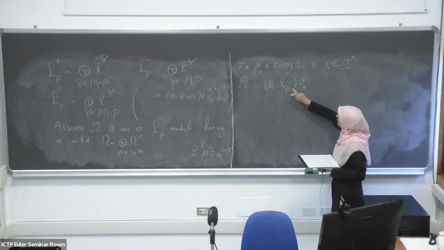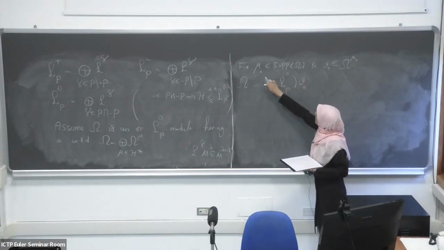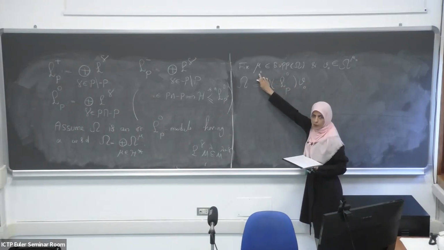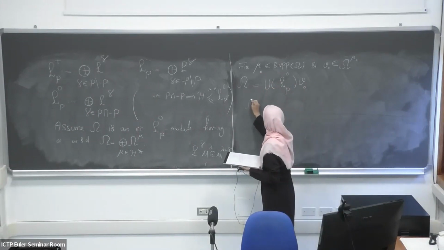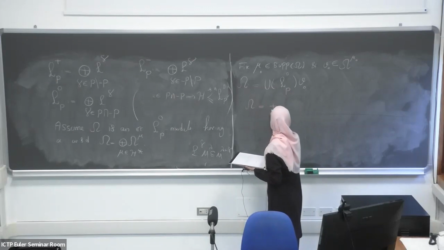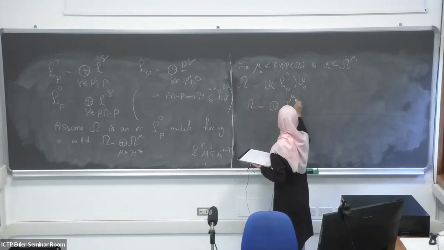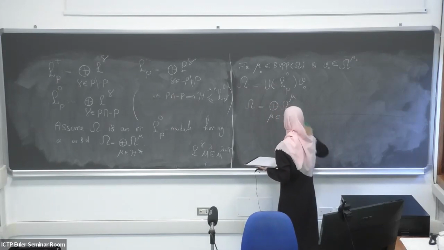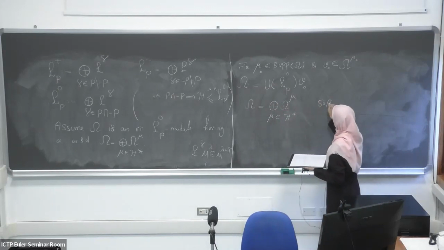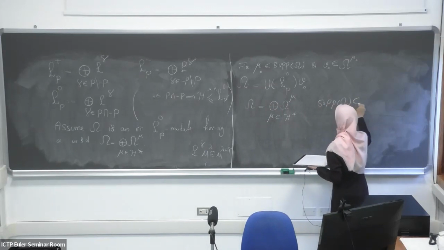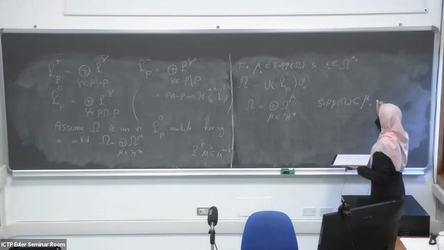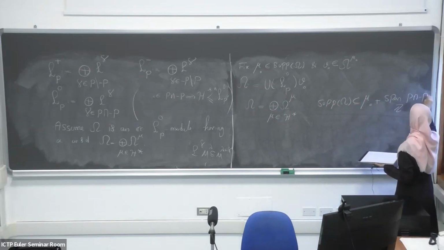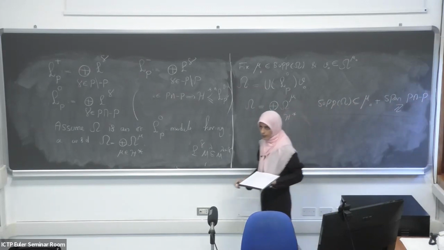Ω, this V0 is of weight μ0. So Ω is the direct sum of Ω_μ, where μ is an element of the support of Ω, or it's better to write H star here, and the support of Ω is a subset of μ0 plus the span over Z of P intersection minus P. Right?